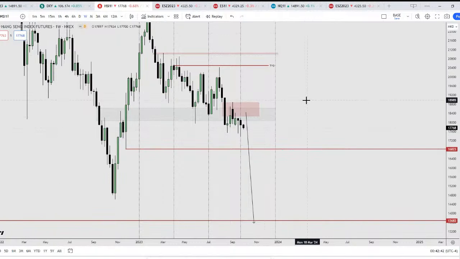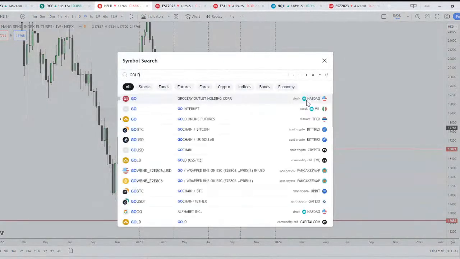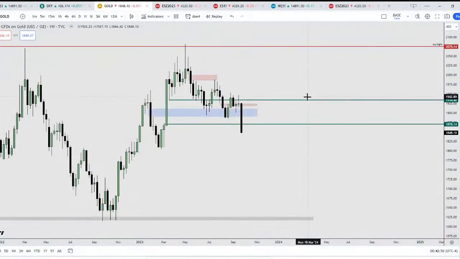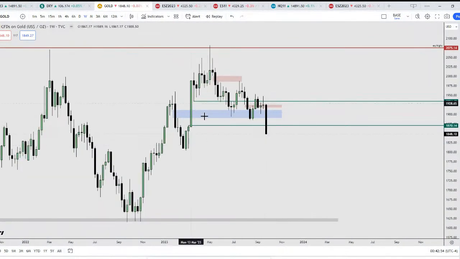All right, and let's move on to gold. Well, so closing below this inefficiency, we are very bearish on gold, right? As you can see, this level here and this order block here, right?